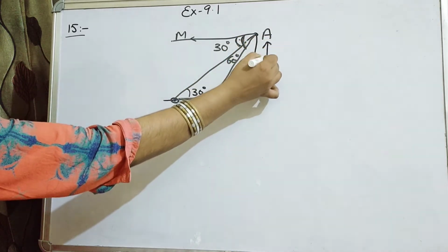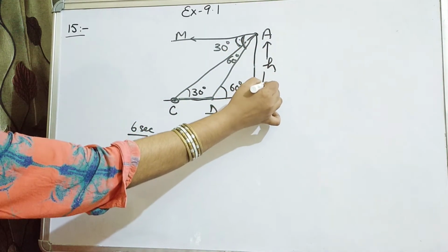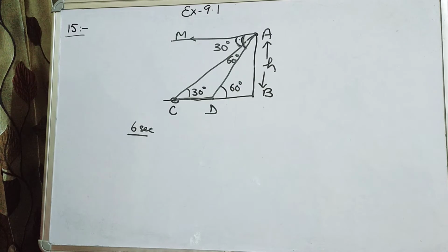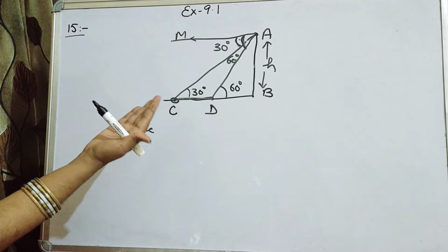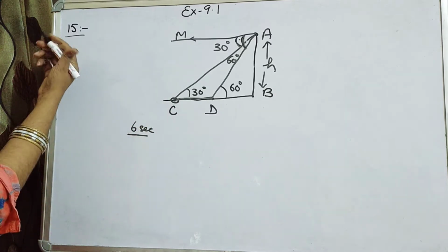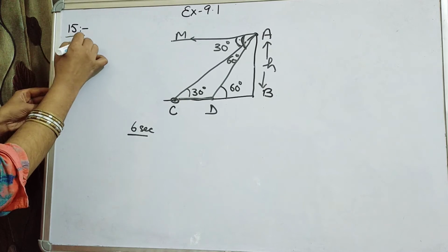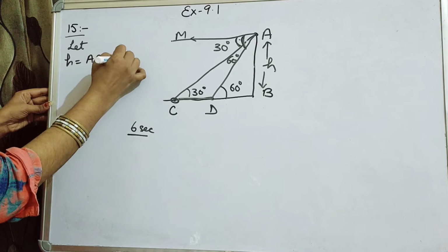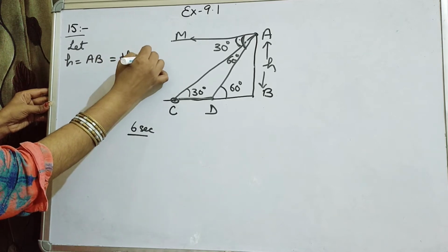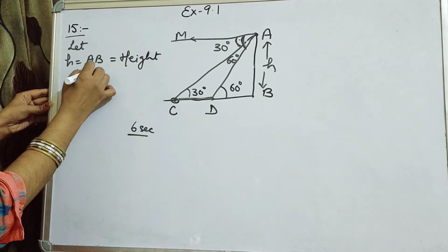Let us suppose that the height of the tower is H, and we also have to suppose the speed of the car, which is uniform. That's why we can suppose it as a variable here. So let H equal AB, the height of the tower.